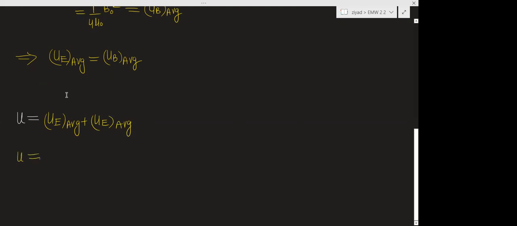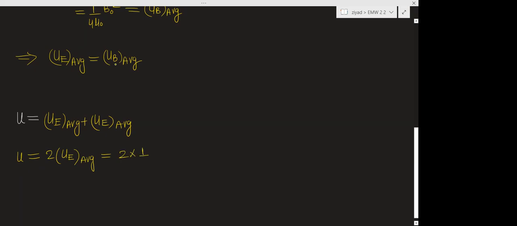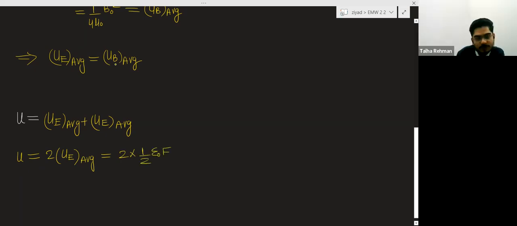So I know that this value is equal to this value. So I can write this as 2 times UE average. Okay, so I can write 2 into 1 by 4 of epsilon naught into E naught square.